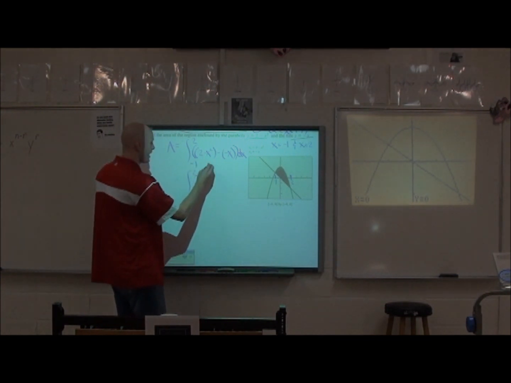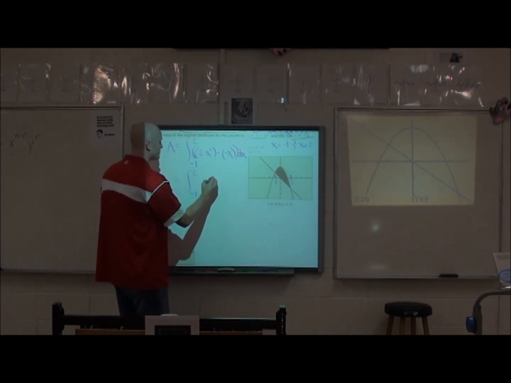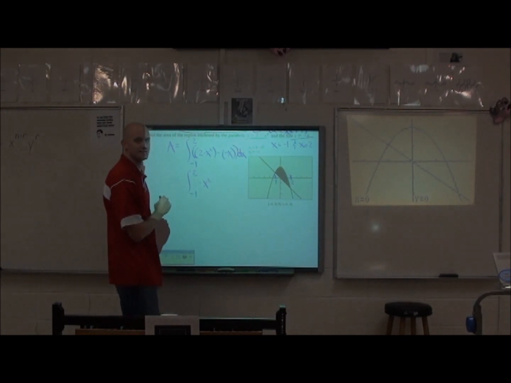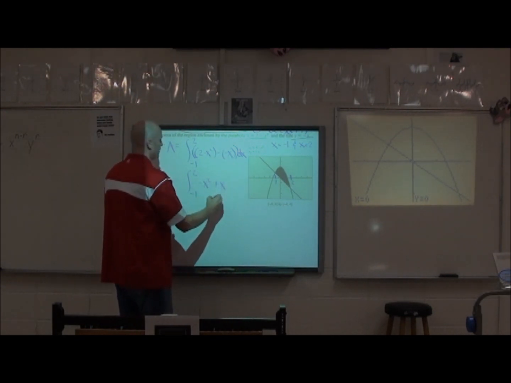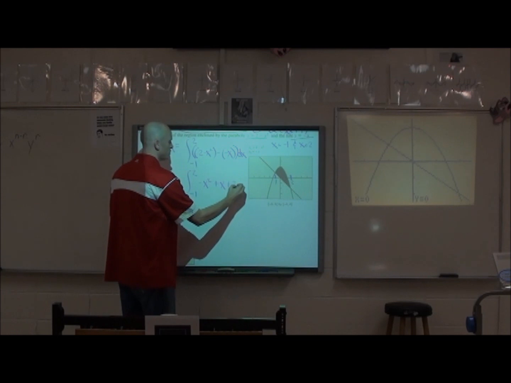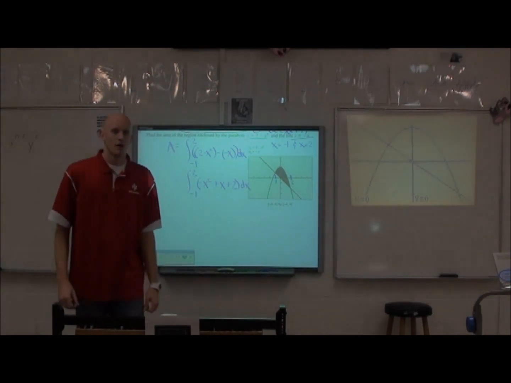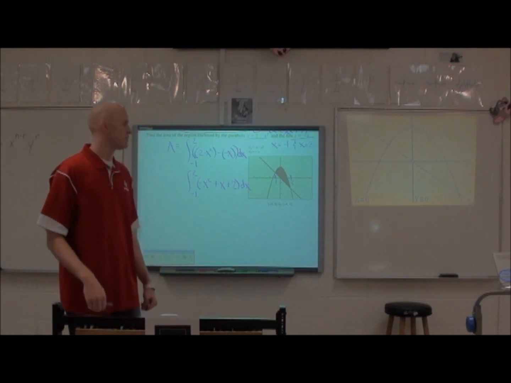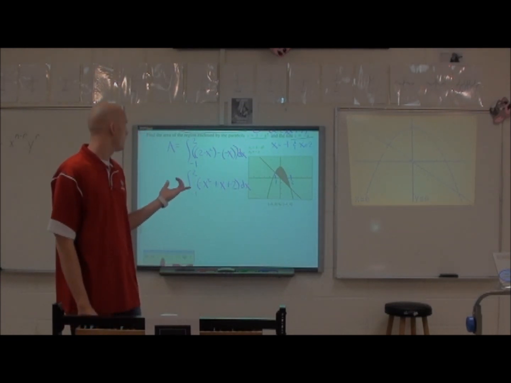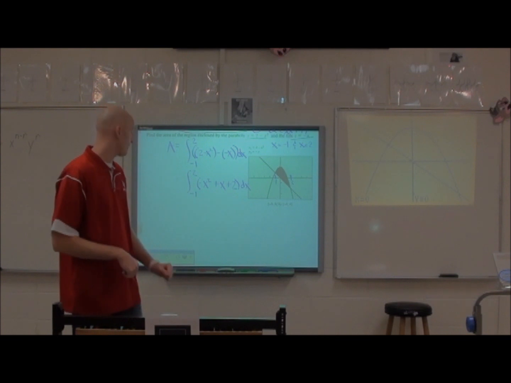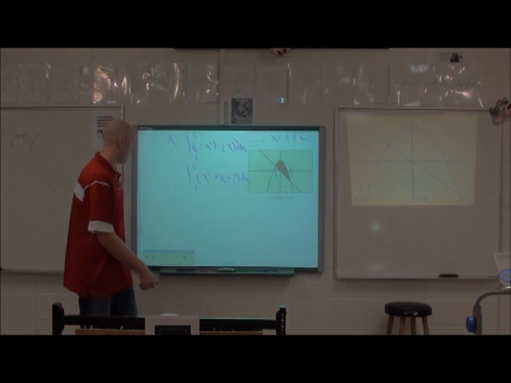I have a negative x squared. This becomes a positive x and a positive 2. Now we have it in a little bit easier terms, I think, to deal with. We can go ahead and find the values from there.